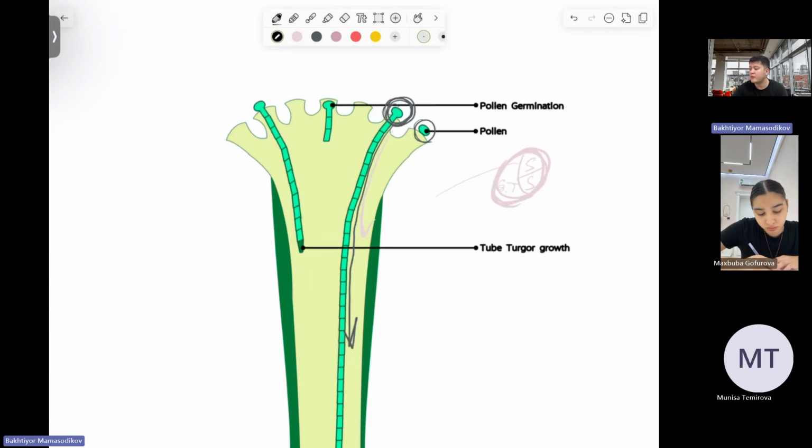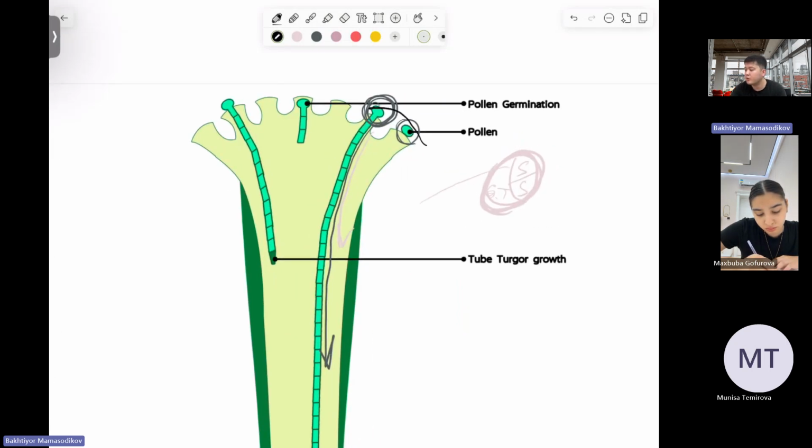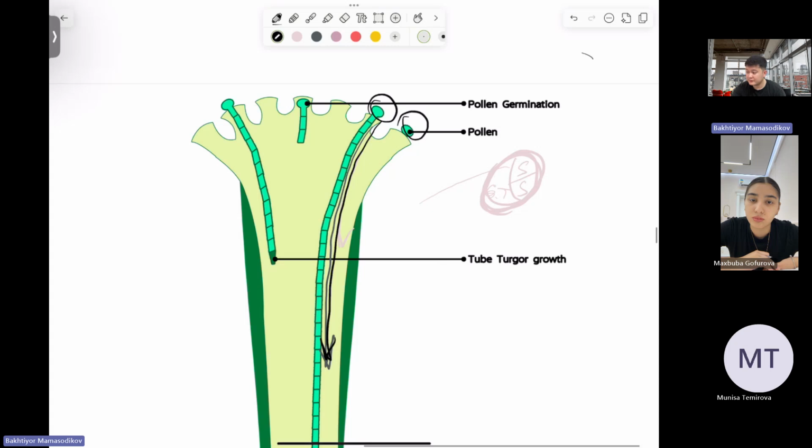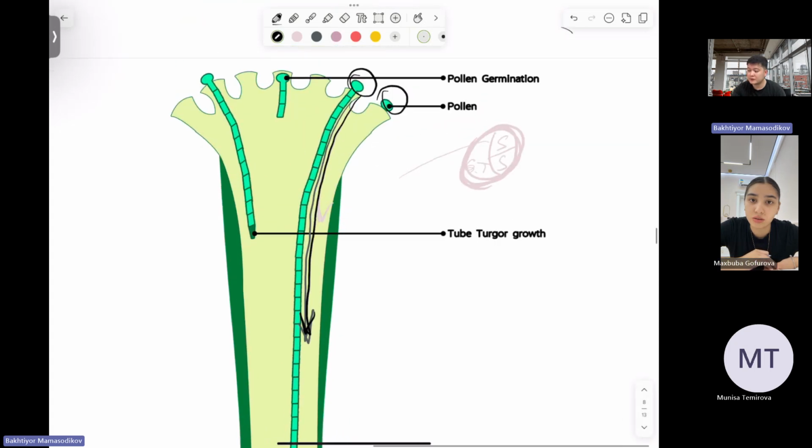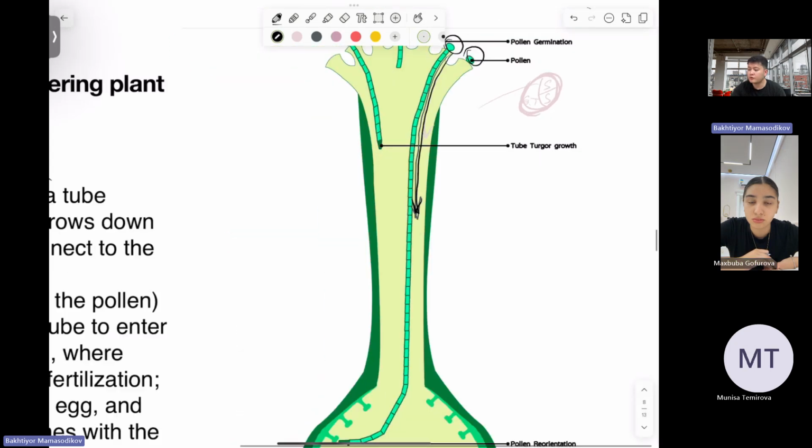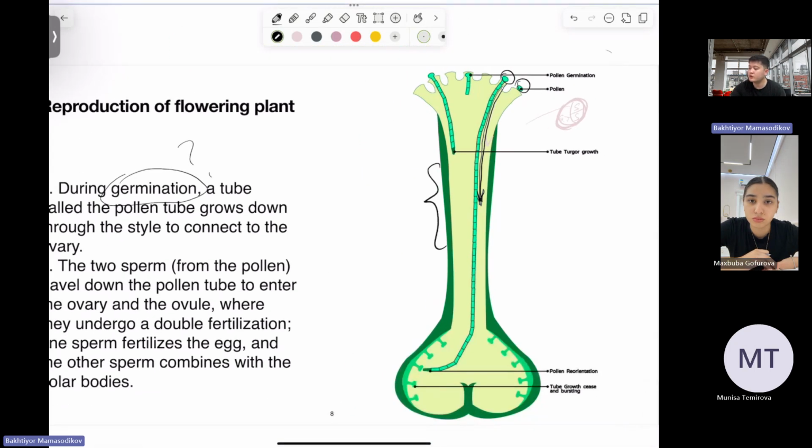So germination, imagine the pollen grains. Now the pollen is on the stigma. It's attached to the stigma now. Now they're going to form what? They're going to form the growing tube, right? So this portion is called the style.